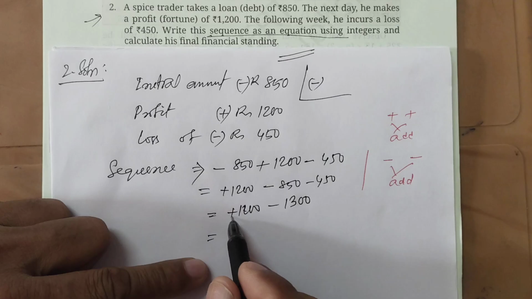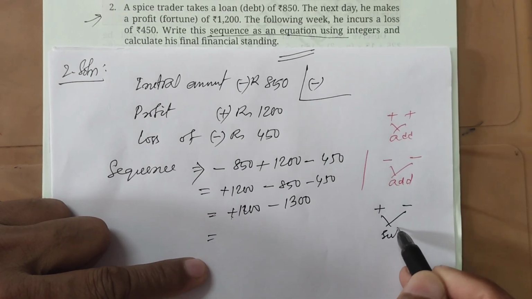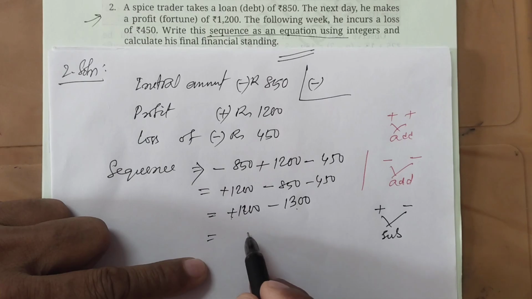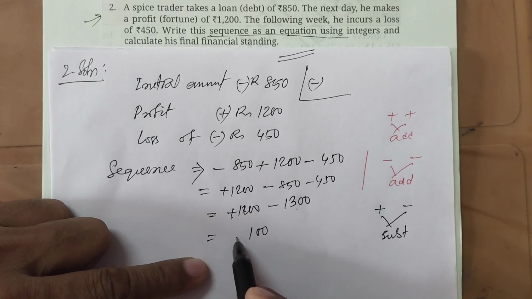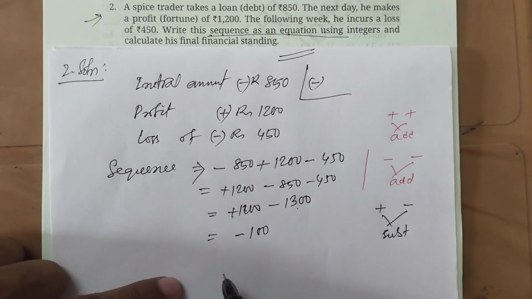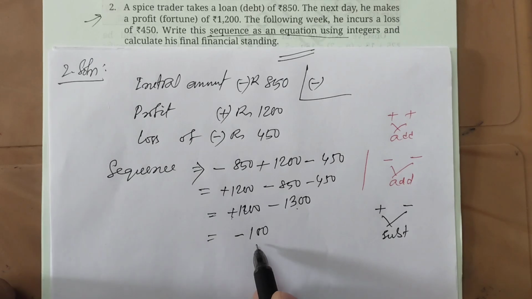Then here we have one positive, another negative, opposite signs, so we have to subtract. 1300 minus 1200 is 100, but we have to take the sign of the bigger number. The bigger number is 1300, sign is negative. So his financial standing is at a debt of rupees 100.